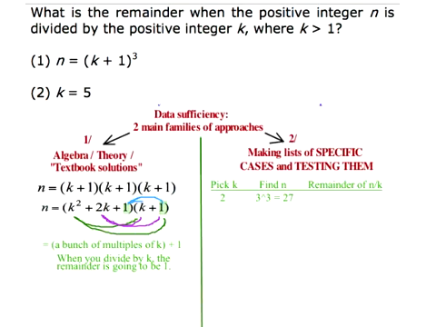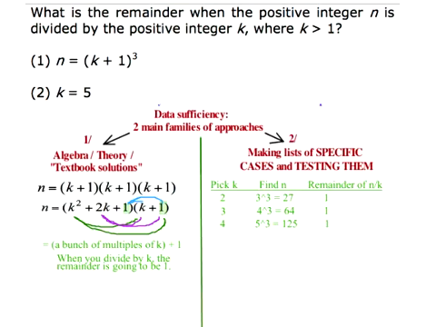The remainder when you divide that is 1. If k is 3, then n is 4 cubed, which is 64. The remainder of 64 divided by 3 is 1. If k is 4, then 5 cubed is 125. The remainder of that divided by 4 is still 1.